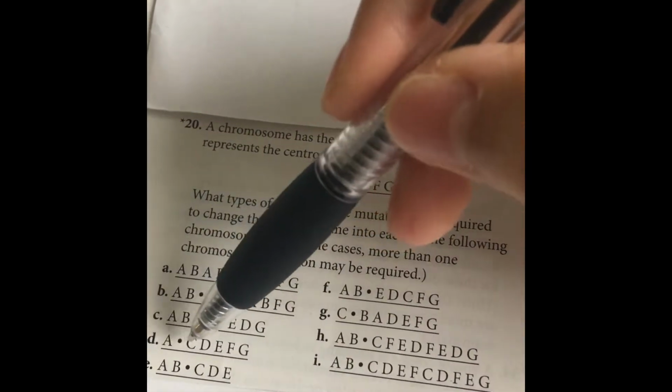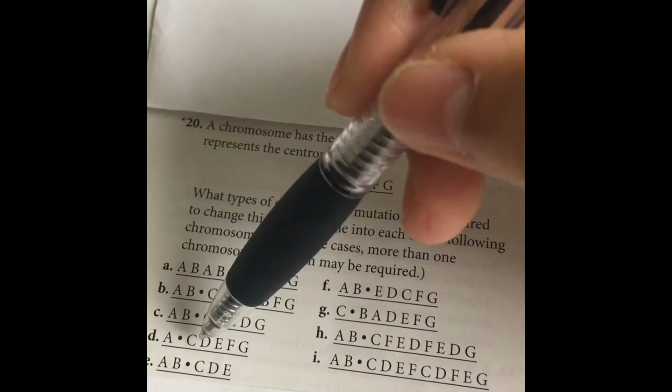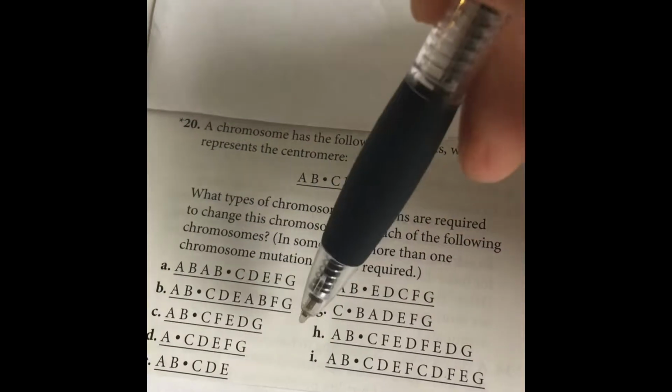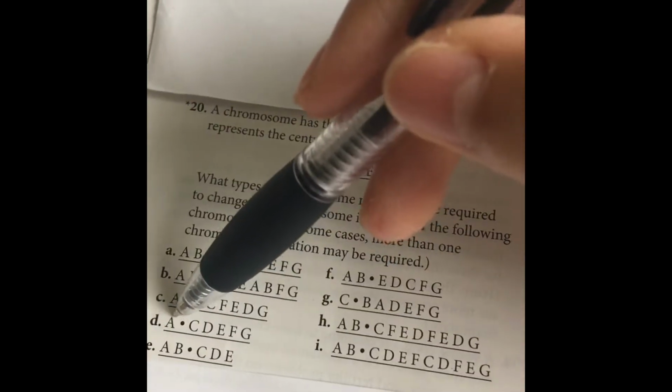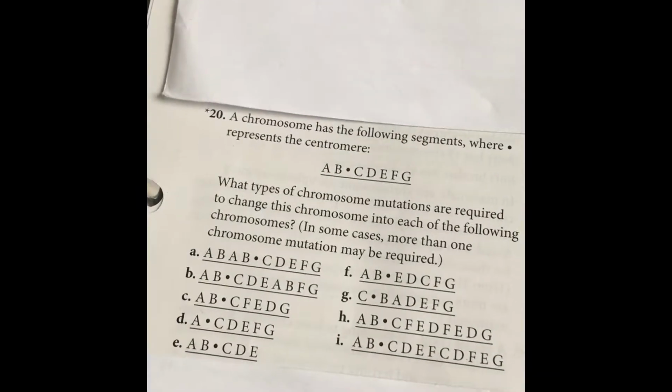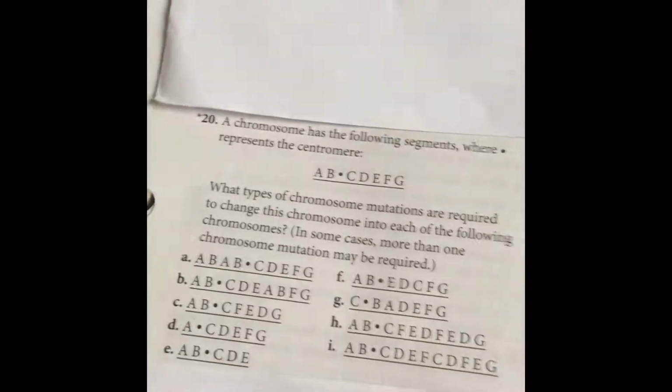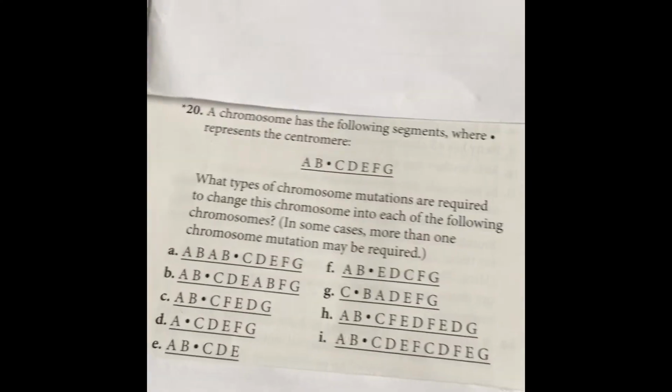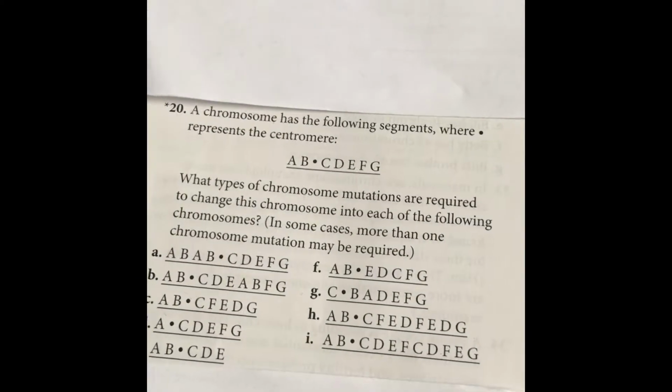Alright, D, okay, A, C, D, E, F, G. So this is just a deletion. D is just a deletion of that single nucleotide, the B lettered nucleotide. So it would be a deletion.